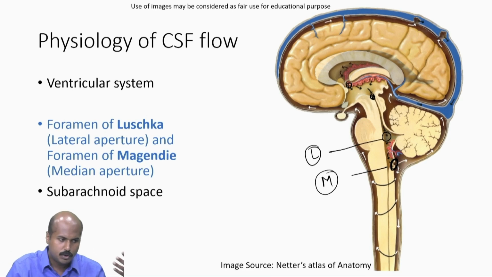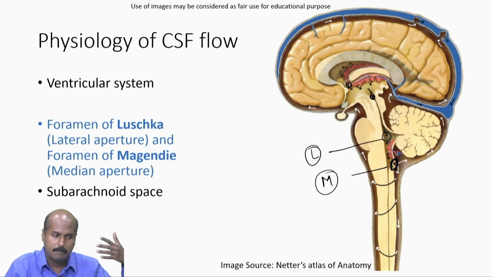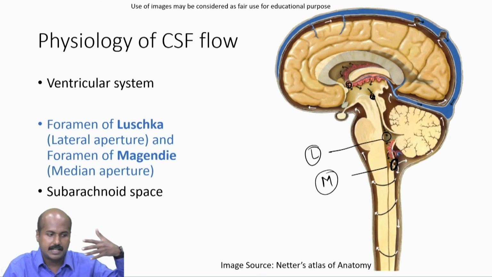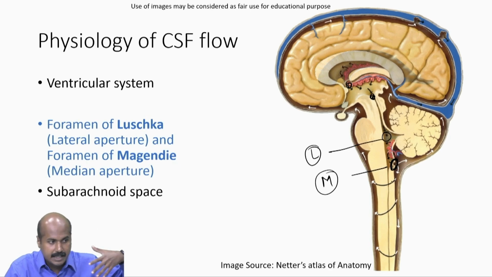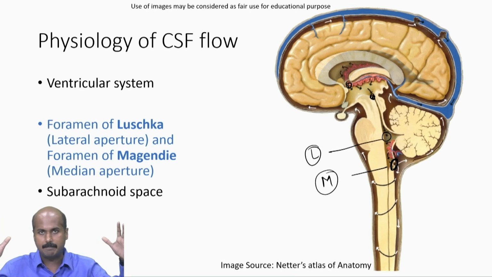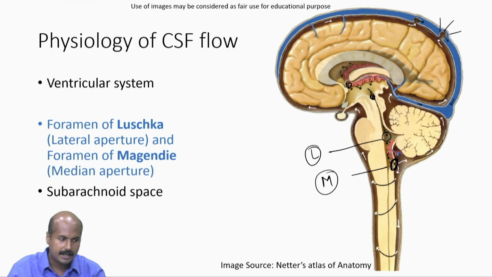Suppose you have a lesion that is affecting this drainage system, then the entire ventricular system can be dilated with CSF. Eventually the CSF will be drained through these structures, which are called the arachnoid granulations.